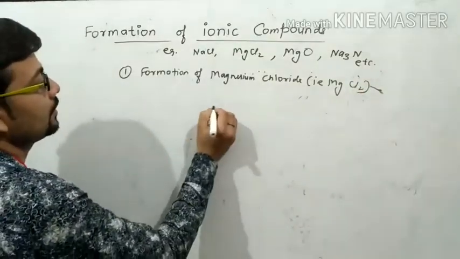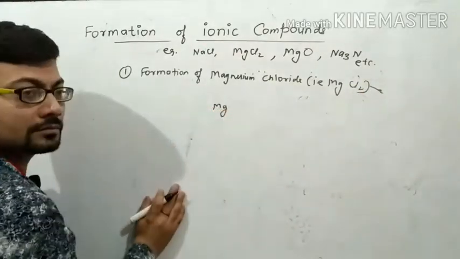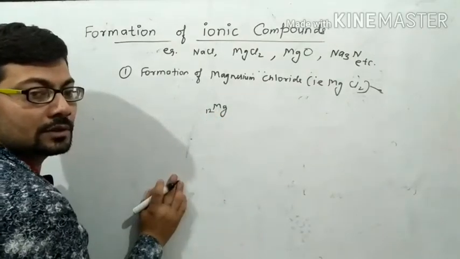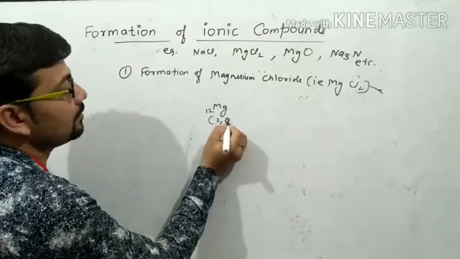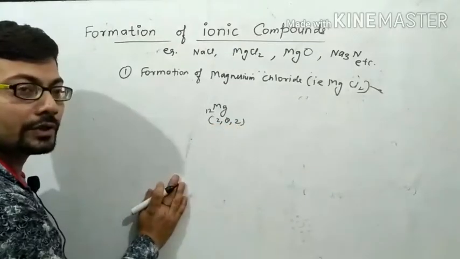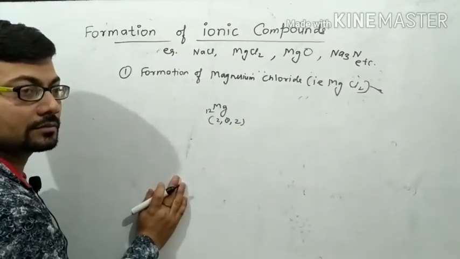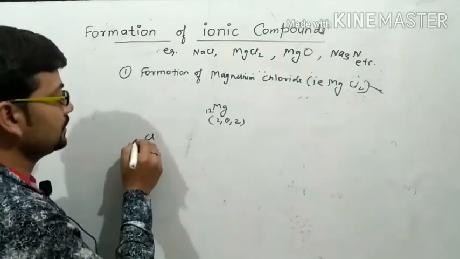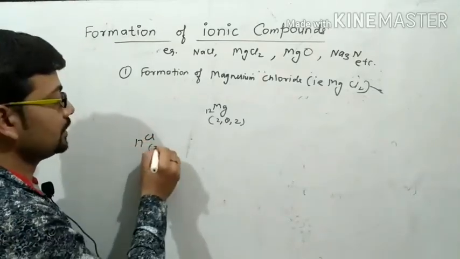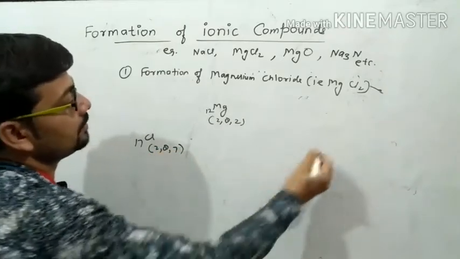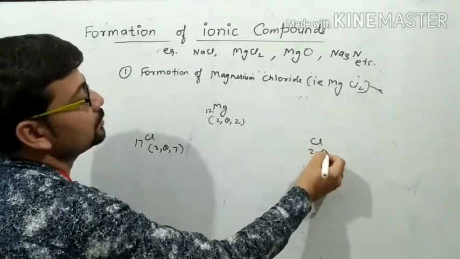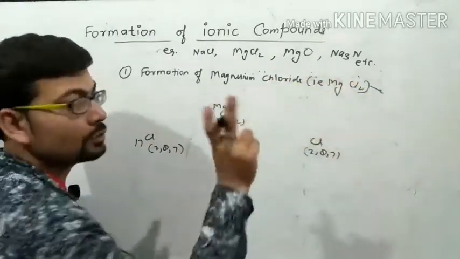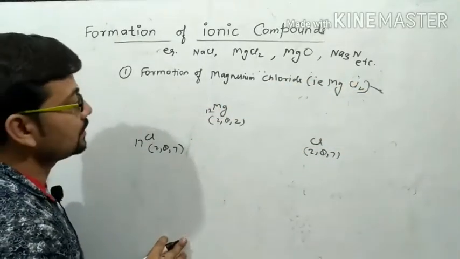So magnesium has atomic number 12, so it has 2, 8, 2 electronic configuration, right? And chlorine has 17, so 2, 8, 7. Similarly here also 17, 2, 8, 7. Why are we taking 2 chlorine? Because MgCl2 has 2 chlorine atoms.